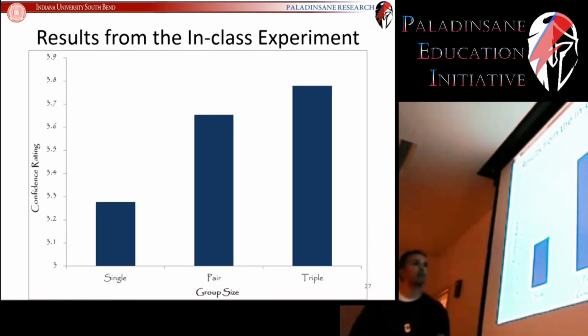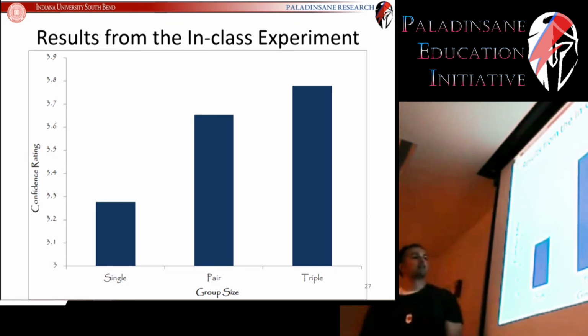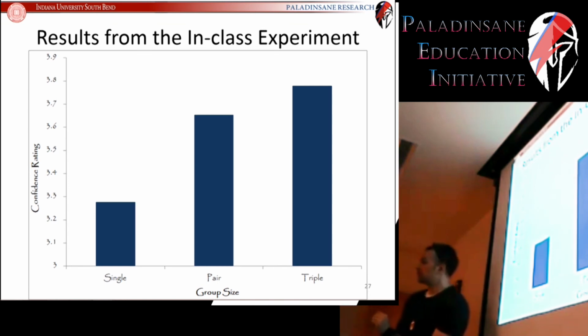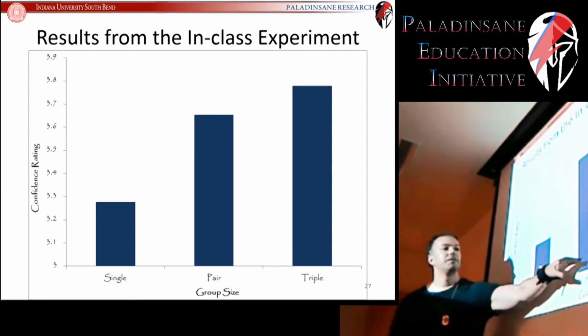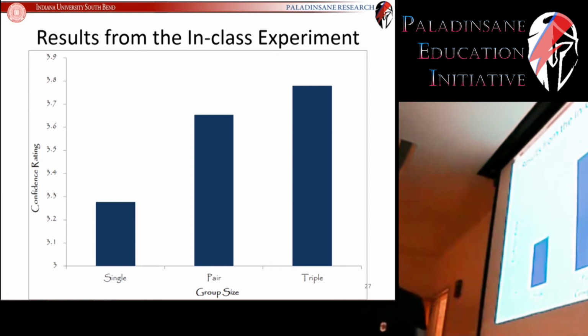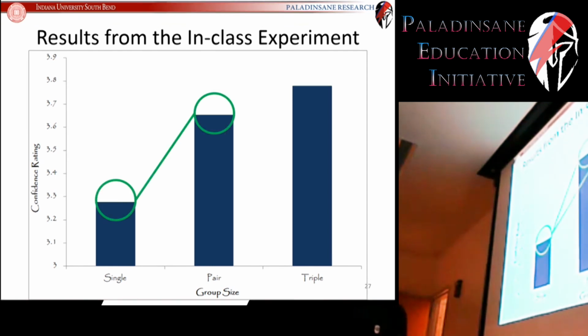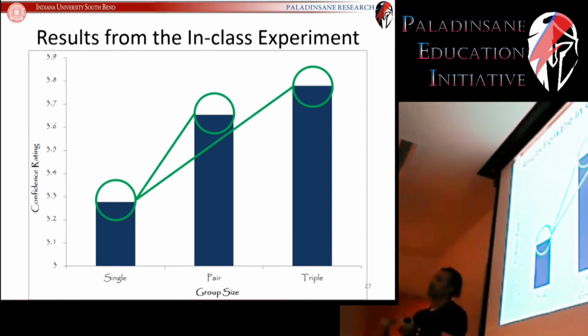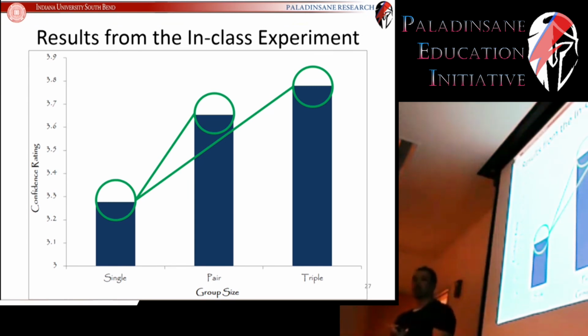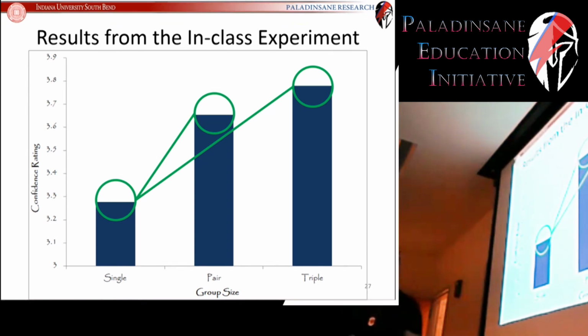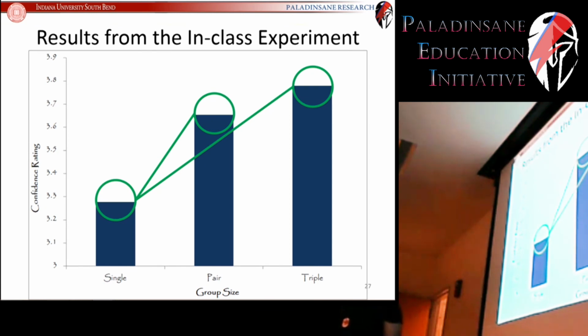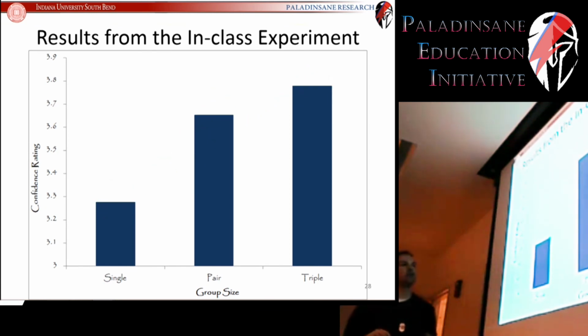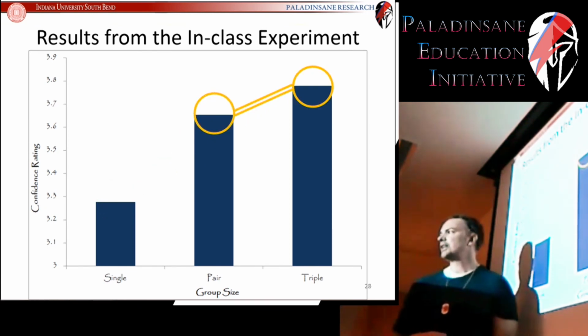As it turns out, once again, I would take a look at this visually and I would say singles are probably going to be different than pairs and groups of 3. And inferential statistics says, yes, they are. So singles actually do have less confidence for their memories in general than do pairs and groups of 3. And pairs and groups of 3, they do not differ between each other.